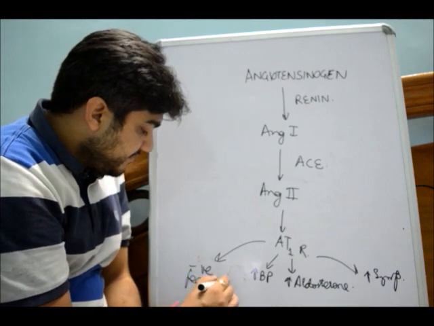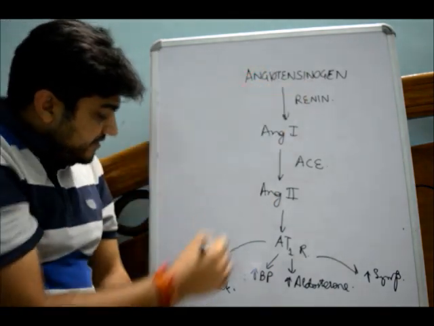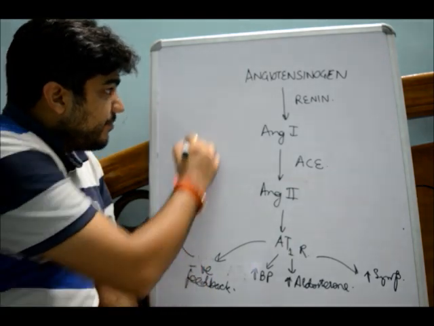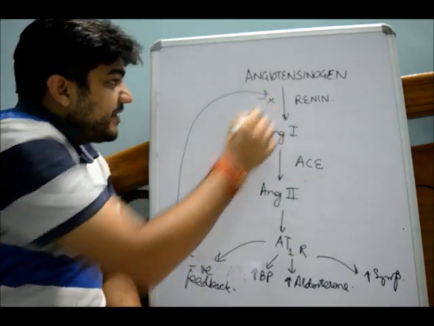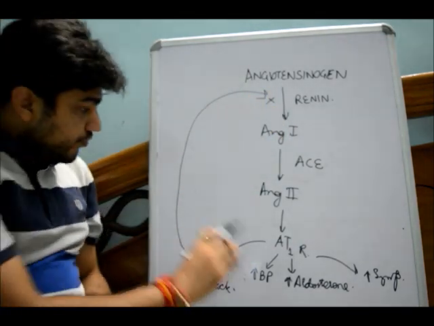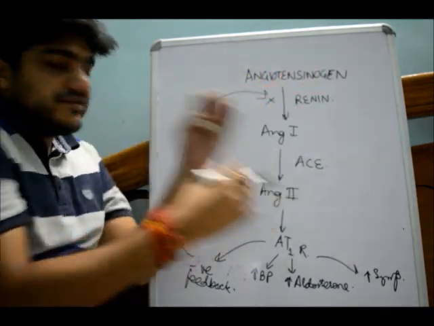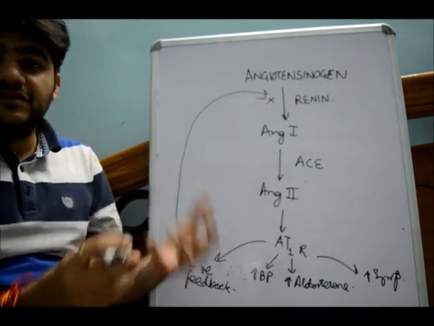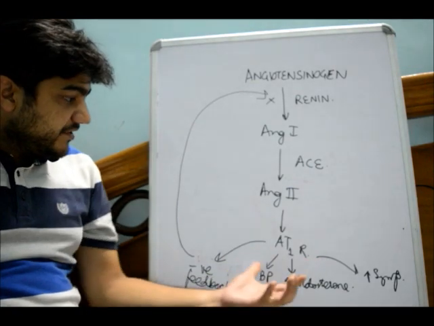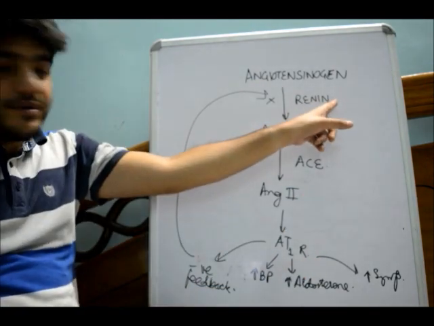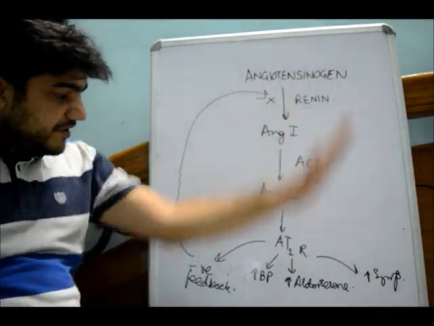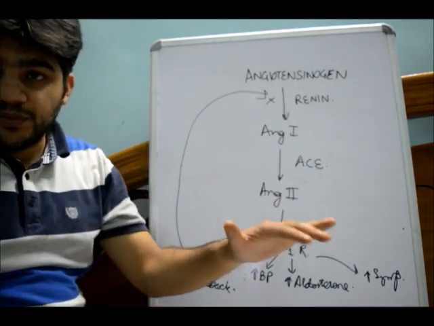This negative feedback will go back and suppress the renin release. So this system is self-sustaining. Whenever the angiotensin 2 levels are up, they will suppress the renin release. So it is a negative loop.